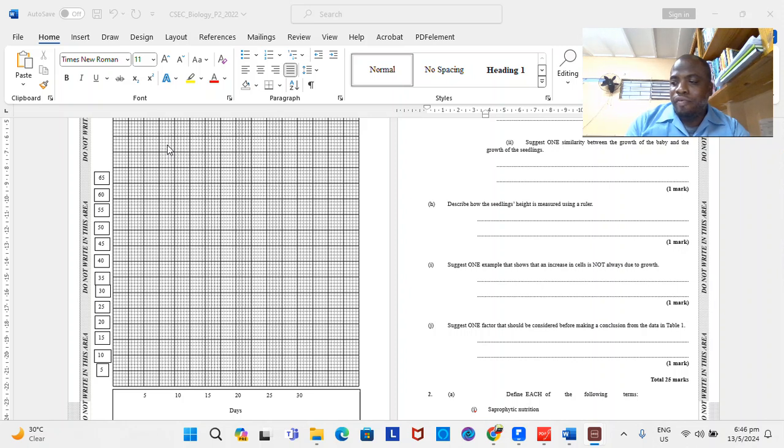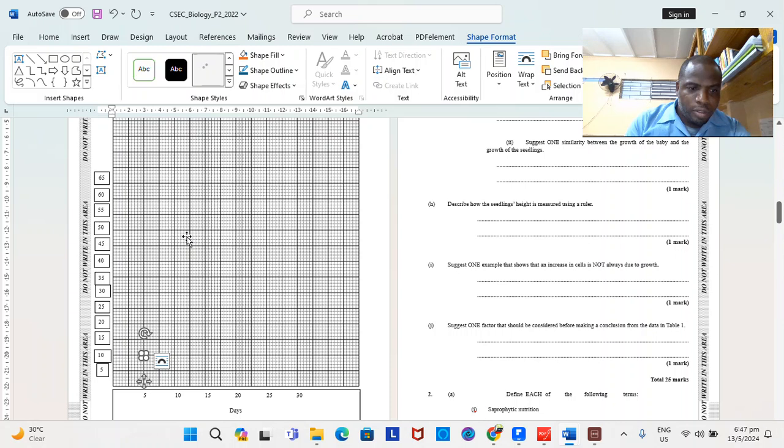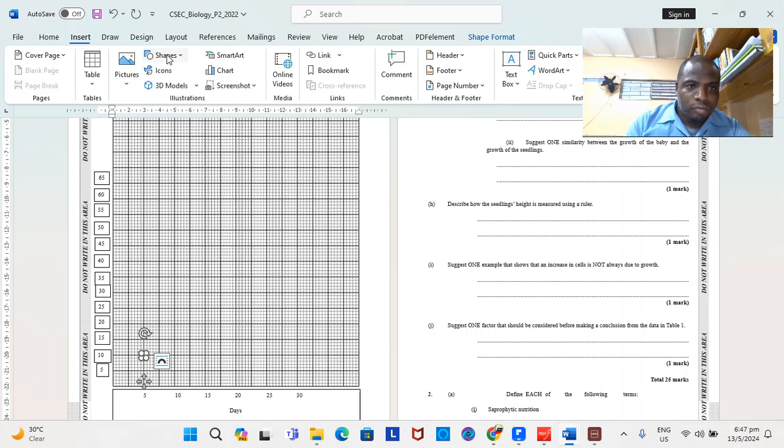So at 5, the height of the seedling would have been 10. For the baby, it would have been 45.